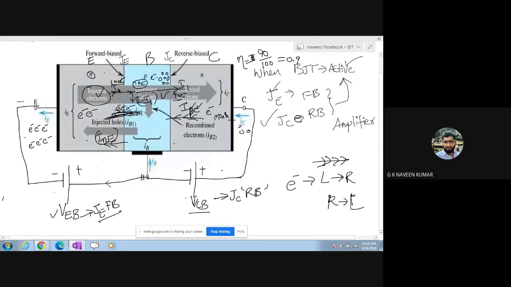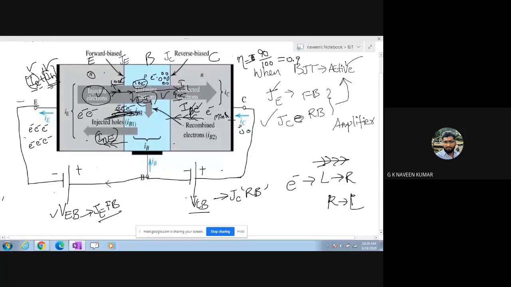So in any transistor, the current flow will be due to electrons as well as holes movement. Electrons also move and carry current, and holes also move. Here in an n-type semiconductor, the majority carriers will be electrons, hence the majority contribution of current will be from IE. If it is a PNP transistor, holes will be the majority carriers and electrons will be the minority carriers.